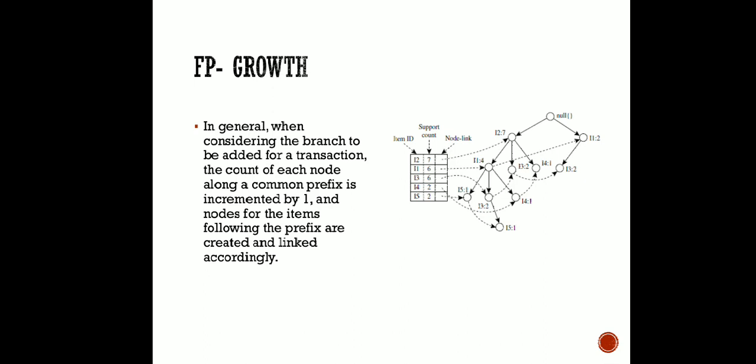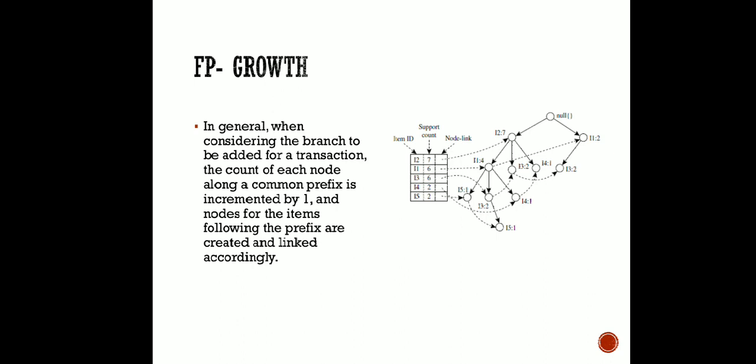Now as you proceed like this, say we have considered the transactions with TID T100 and T200. After including these two, we have seen that the count value is getting incremented by 1.